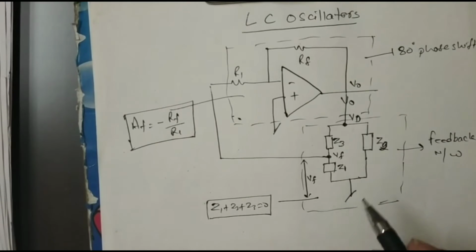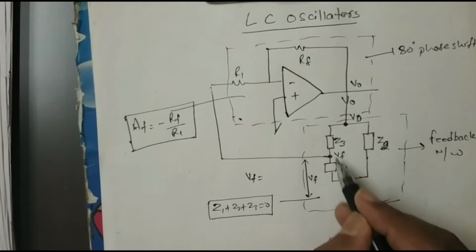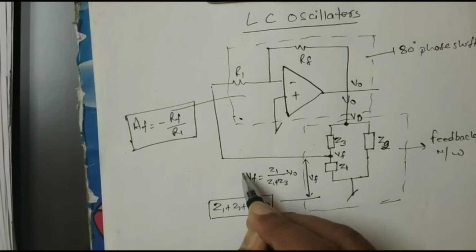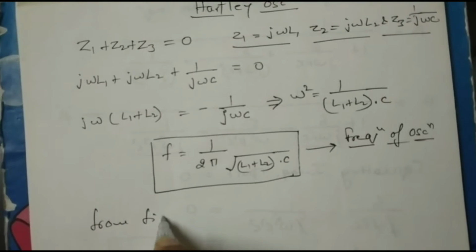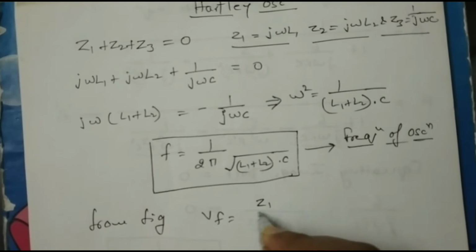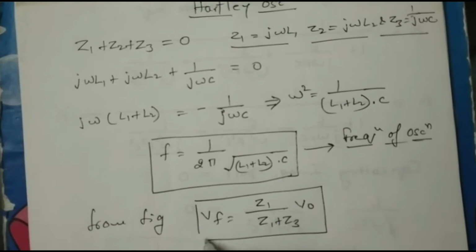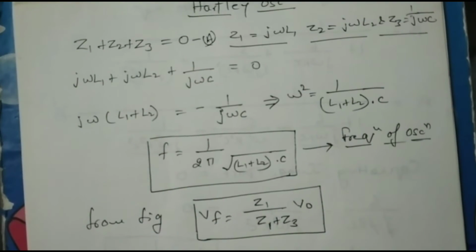Again, from the figure you can see that Vf equals Z1 upon Z1 plus Z3 into V0, by the voltage division rule. If we set this as equation A, then from equation A, Z1 plus Z3 is equal to minus of Z2.